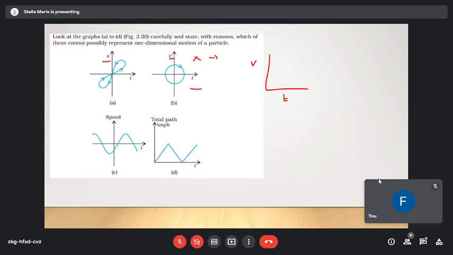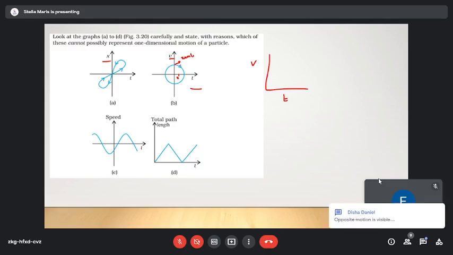Here, let's say this is 2 seconds, and this is something like 20 meters per second.